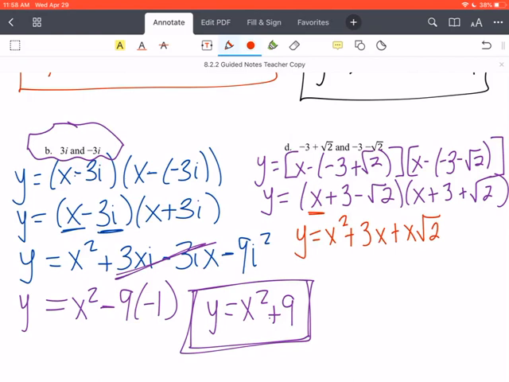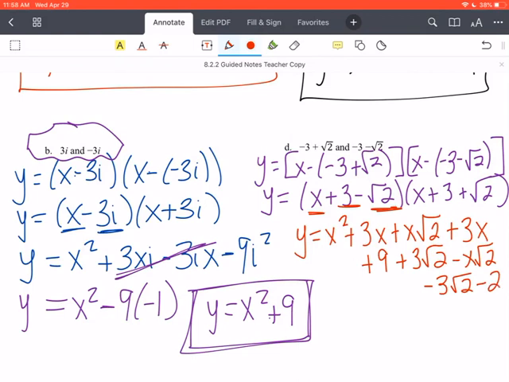And then I'm going to distribute the 3, and so I have plus 3x, and then plus 9, and then plus 3 root 2, and then distribute the negative root 2, so I have negative x root 2, and then I have negative 3 root 2, and negative root 2 times root 2 pops out the 2, so we have negative 2.